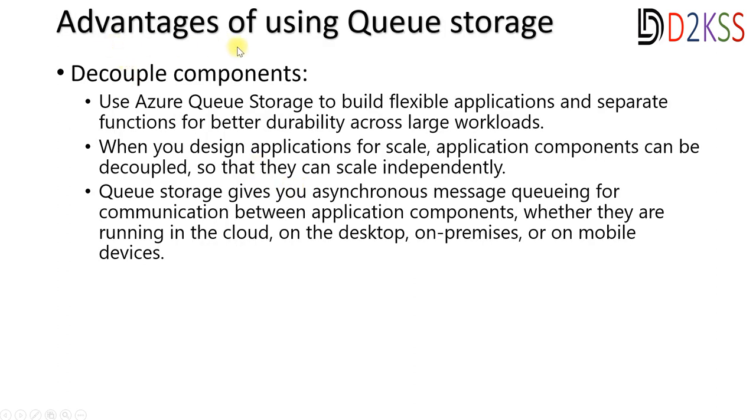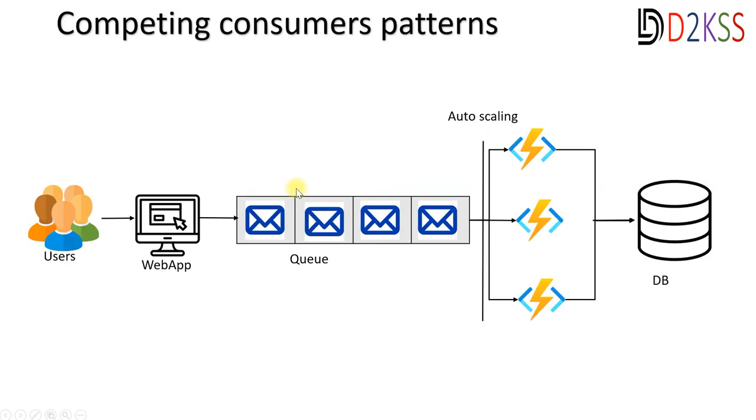And what are the advantages of using queue storage? The first thing we must notice is that it decouples the components. What is the meaning of decoupling the components? For example, consider a scenario with a web application. The responsibility of the web app is submitting the data into the queue. That's it. It is not going to take care of the entire process, like inserting into the database.